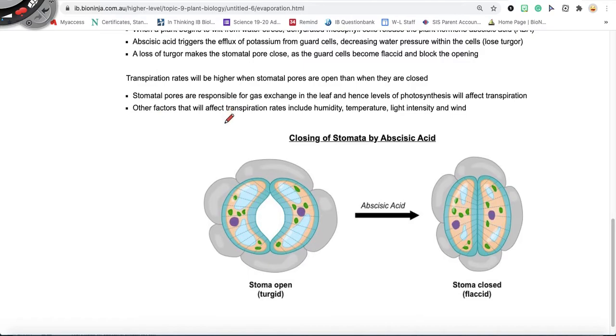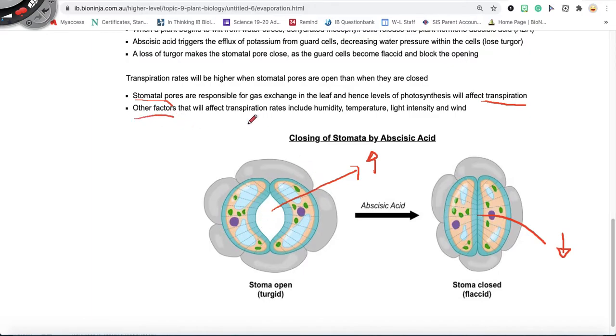So look at the transpiration rate here. So if it's open, the transpiration rate is going to be high. If it's closed, the transpiration rate is going to be low. So the stomata pores, the opening and the closing, is responsible for the levels of transpiration, right? But what's going to allow this stomata to open and close?